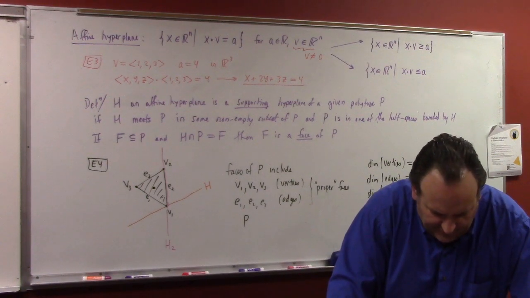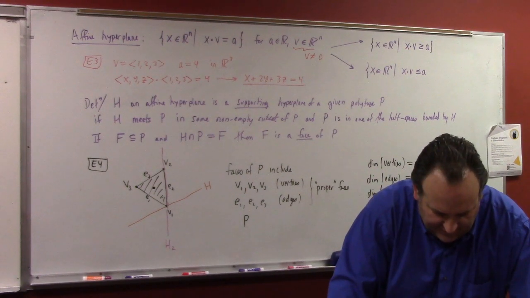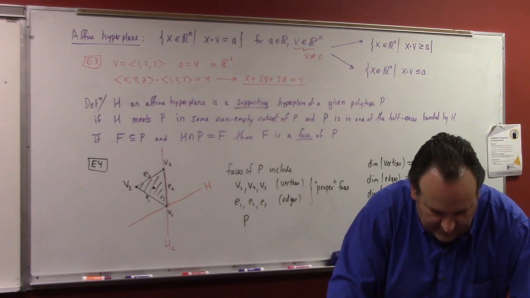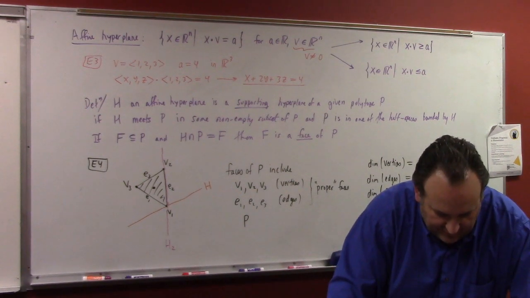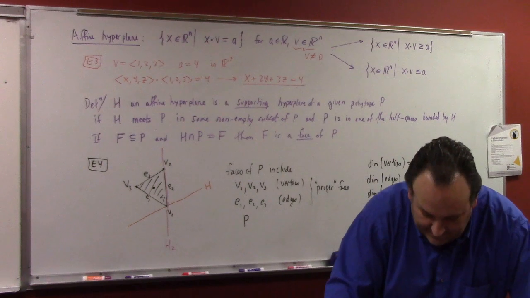He says a 0-dimensional face is a vertex, a 1-dimensional face is an edge, and an n-1 dimensional face is a facet. The collection of all facets of a polytope is called the boundary of the polytope, and the interior of a polytope is P minus its boundary. Because polytopes have facets, or seats, they're also called polyhedra, which means many seats.